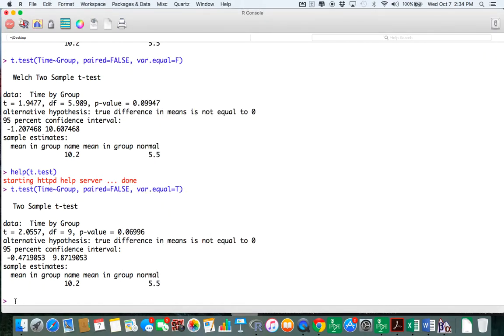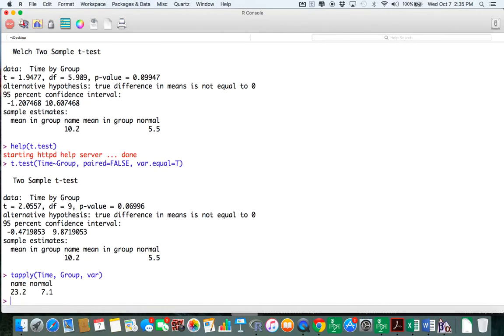All right, so I'm going to go to the square root. We have time across group, and I'm just going to go variance. So I want the square root of 23.2 divided by, darn it, guys, I don't remember.